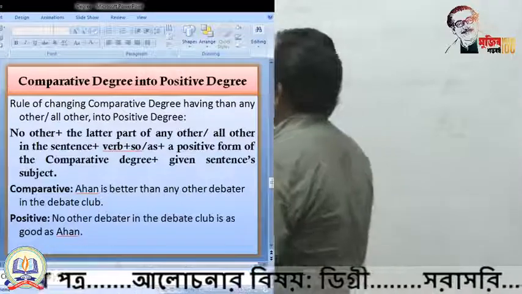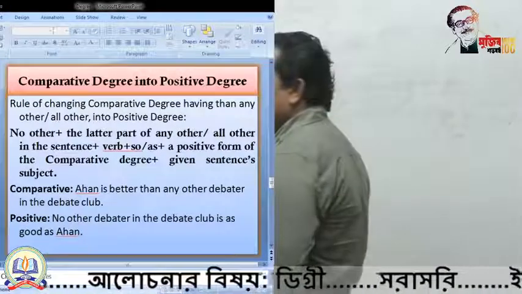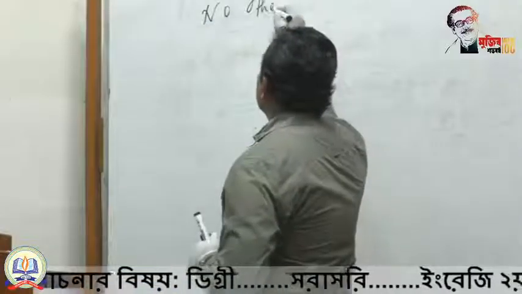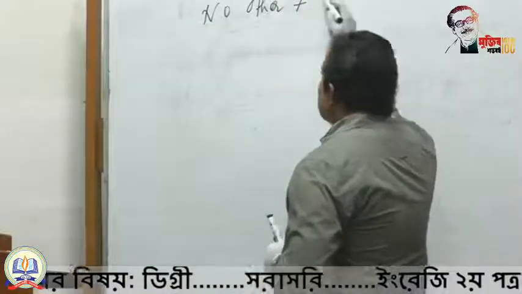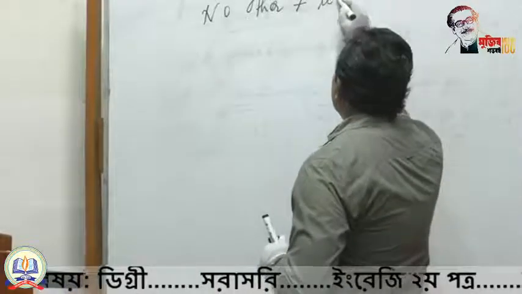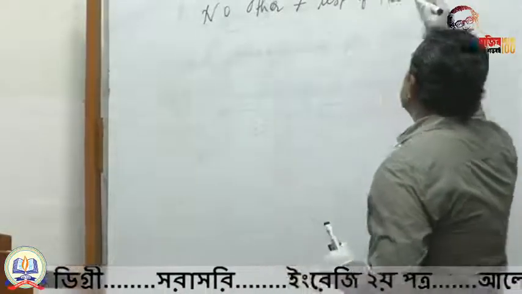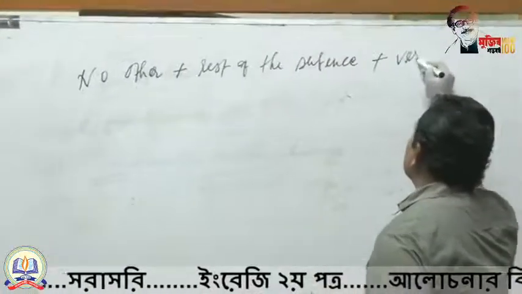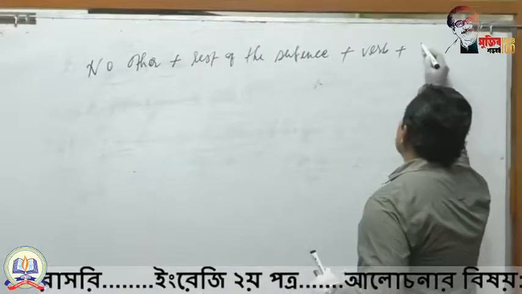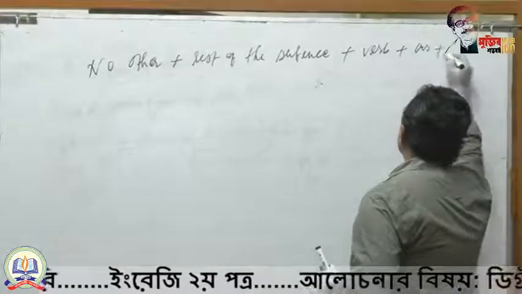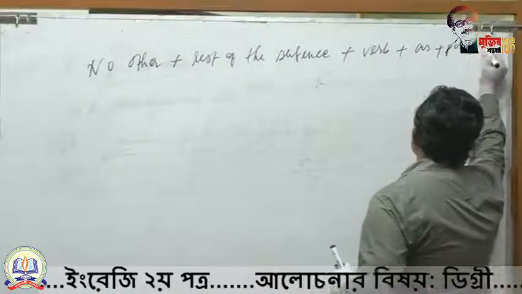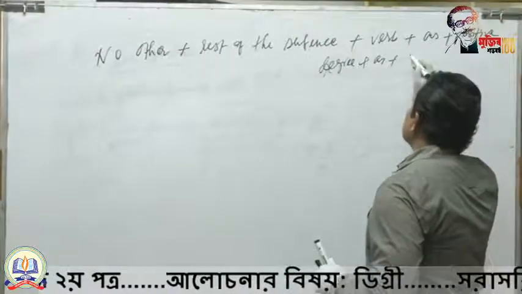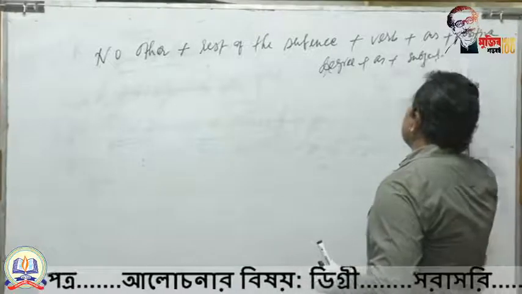Here the structure is almost the same. Here you are using no other plus the rest of the sentence plus verb plus as plus positive degree plus as plus subject.